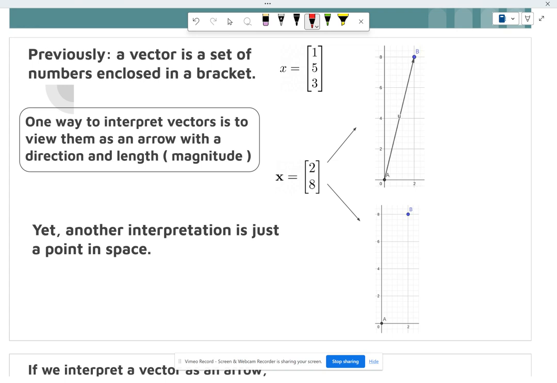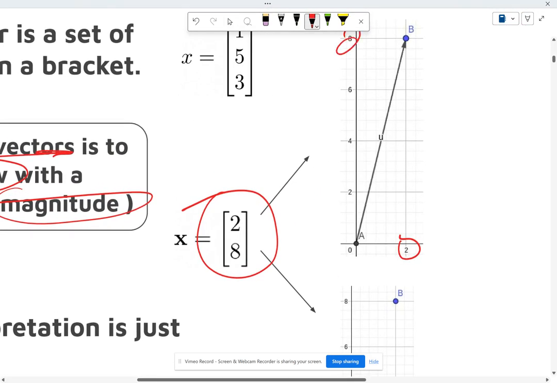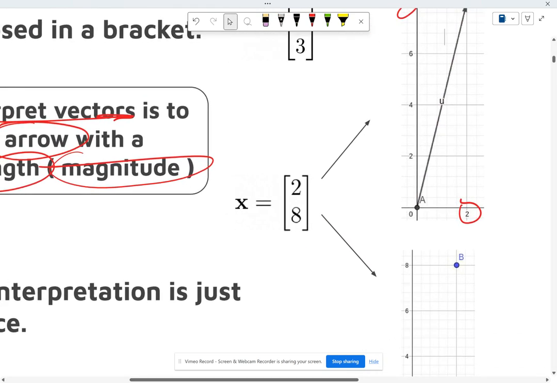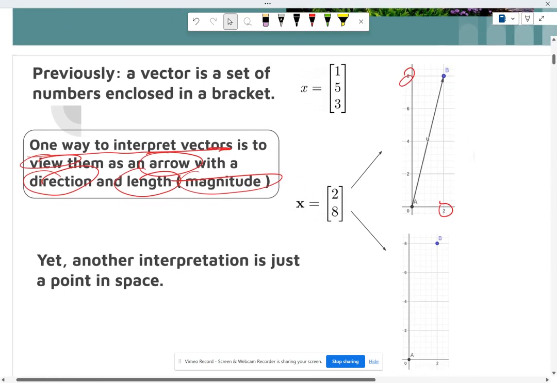One way to interpret a vector is to view it as an arrow with some kind of direction and length, or magnitude. If we look at the vector 2 and 8, you can see this is 2, this is 8. It's just an arrow with a direction. That's a very common way, in fact, to interpret vectors.